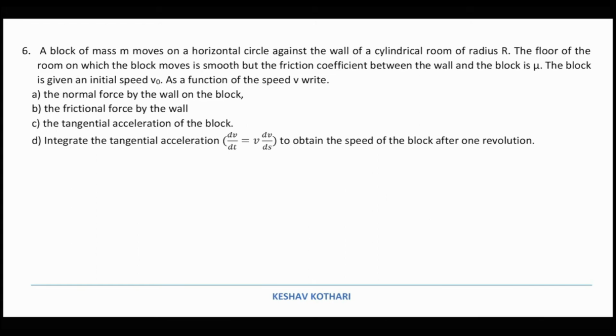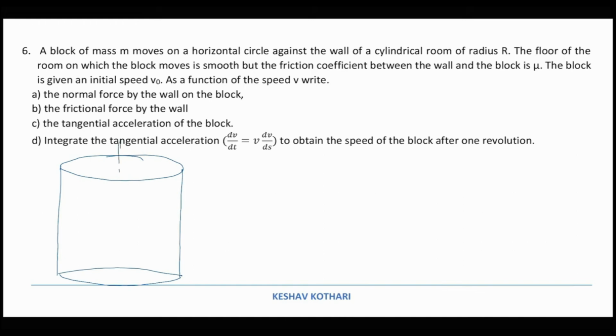So if we consider this kind of a system where a block is kept in a cylindrical room and it is rotating, I can draw it in this way. We are considering a cylindrical room like this, which is of radius r.